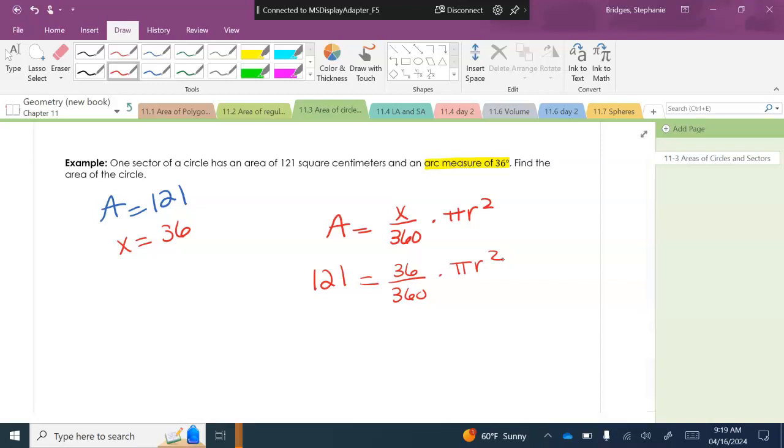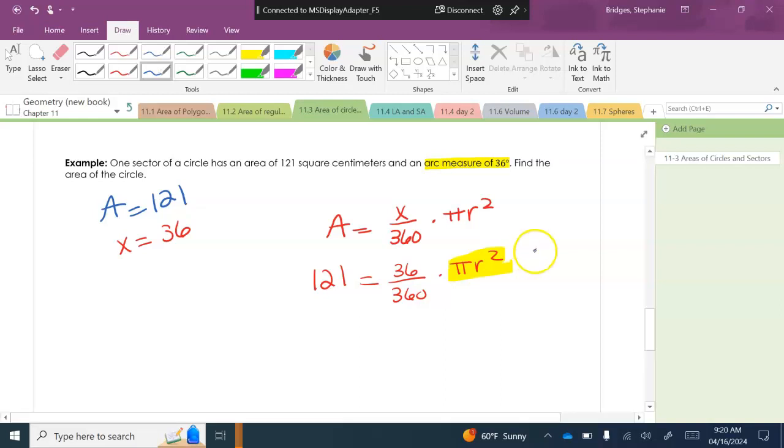Now, before we keep going, let me ask you a question. This right here, this pi r squared, isn't that the formula for area of a circle? So if I can maybe just get that fraction over to the other side, I already have the area of the circle without having to find the radius and go backwards, right? Okay, so let's do this. How can I get rid of that fraction? If I want to get rid of the denominator, I would multiply both sides by 360.